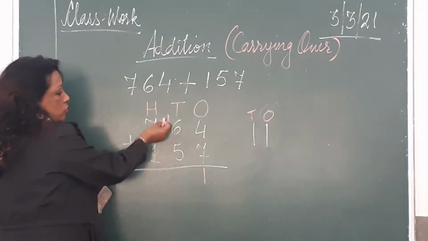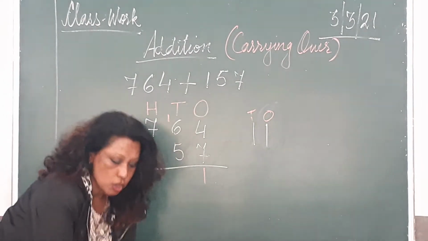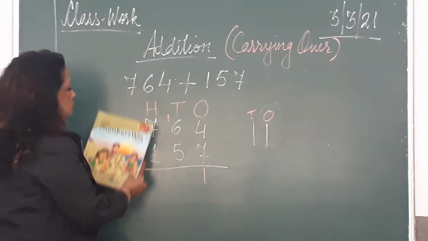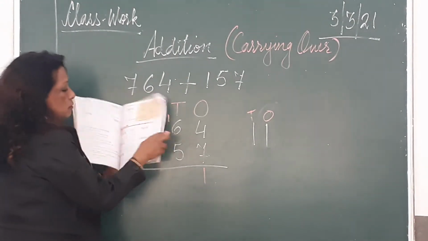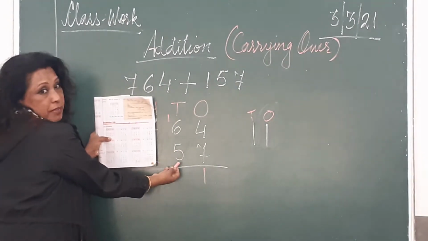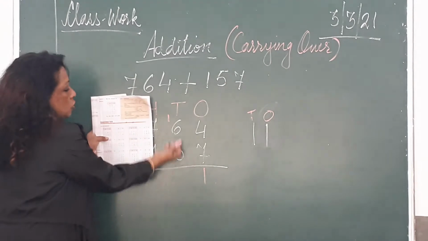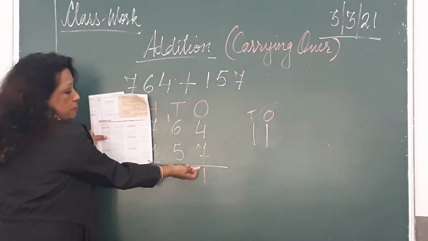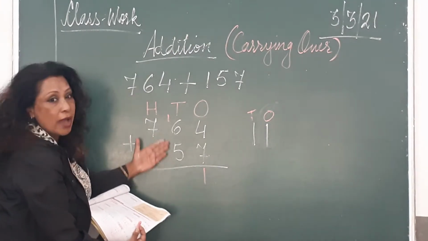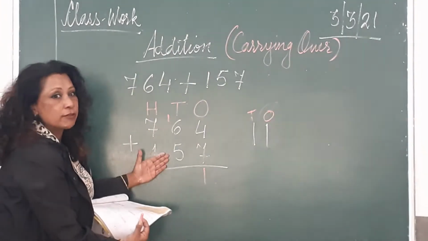Alright, so now after giving, look at the tens place. You finished with ones, alright. Now move on to the next place value that is under tens. Now in tens, before you had 2 numbers, now here you have 3 numbers. 1, 2 and 3. 1, 6 and 5.